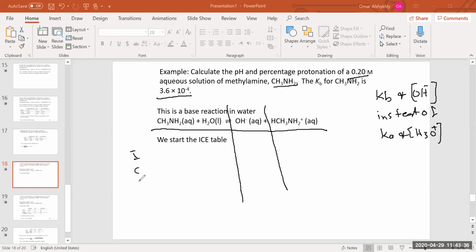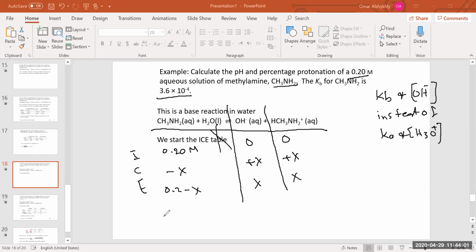So ice table. Here 0.2 molar, water ignore it. Here 0, 0, minus X, plus X, plus X. Here will be 0.2 minus X, and X, X here.